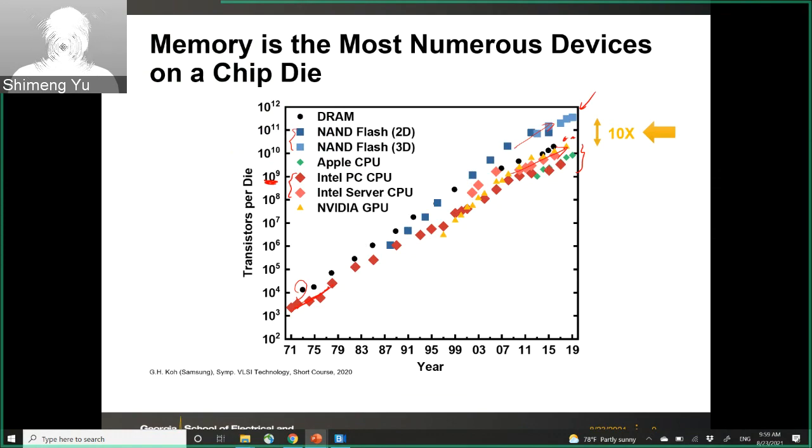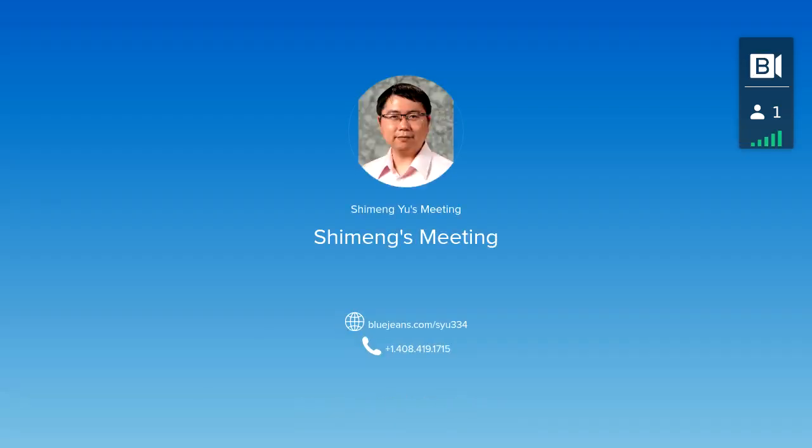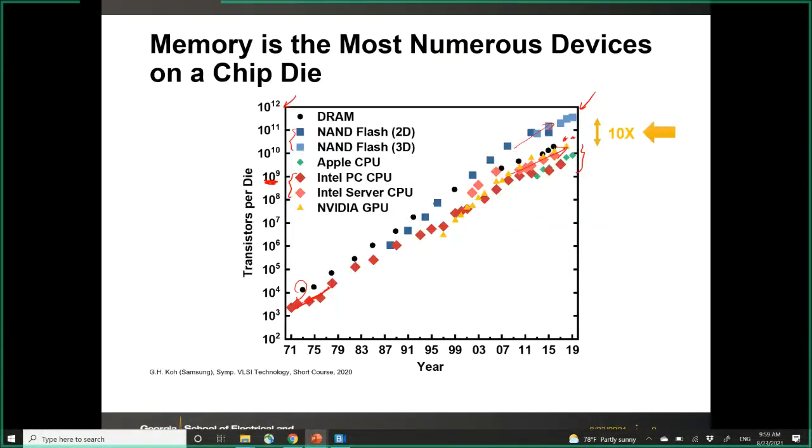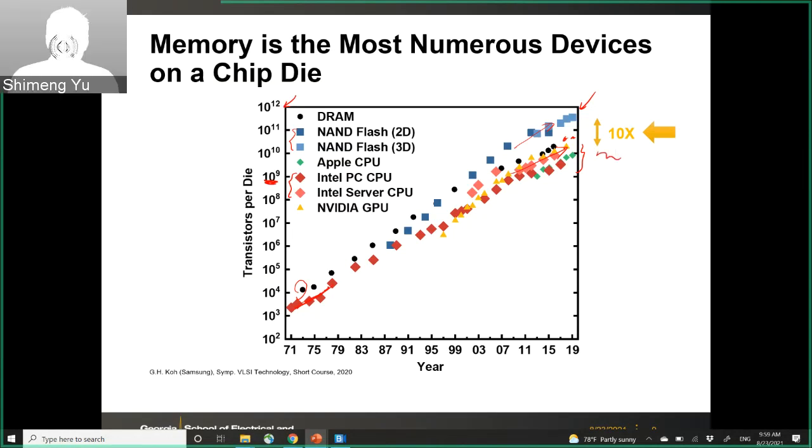That's why you have terabytes. This is really more than the transistor count in the CPU. So roughly there's a 10x gap between the transistor count in the CPU and in the memory, in this case the NAND flash, which has the highest density among all the technologies.